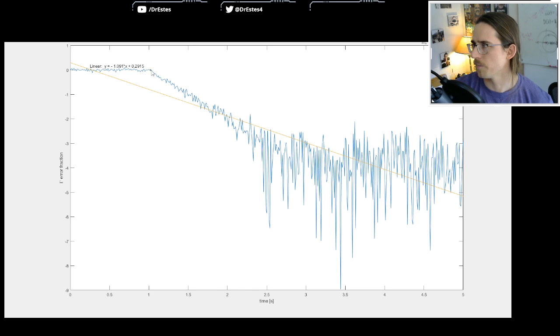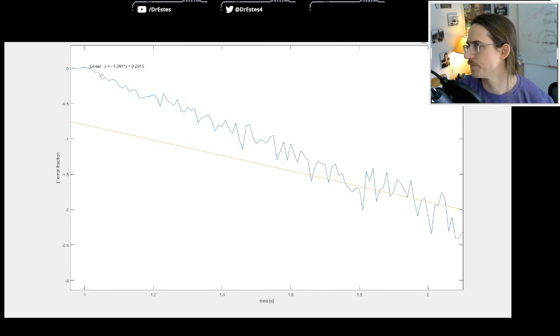So I want to show you how to just grab quickly a truncated set of data from a data set. Let's zoom in here. I want to zoom in on this linear part. And I'm going to stop maybe about here, where it looks pretty much like a line. So I'm going to go from 1 second up to 2 seconds, according to the x-axis.